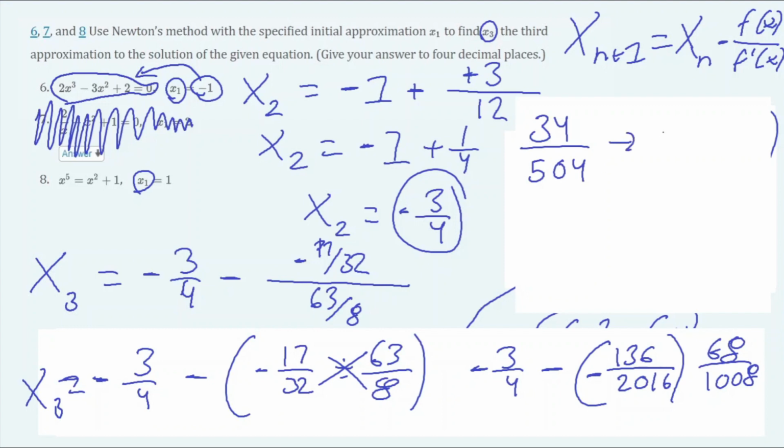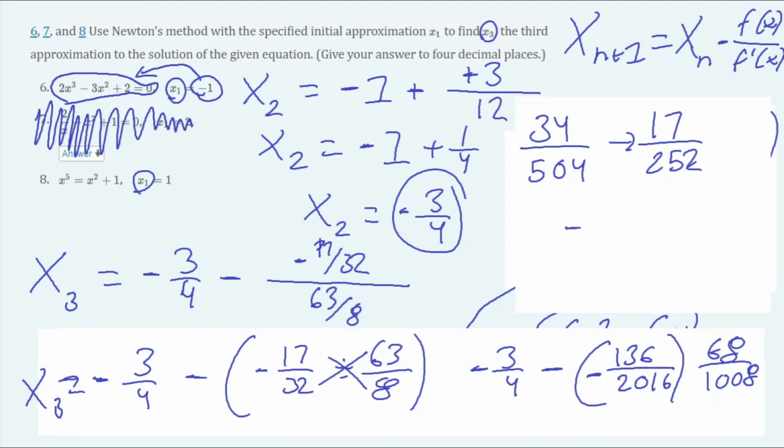And yeah, we could simplify it one more time, divide by 2. It's going to be 17 over 252. And that would be the cumulative of f of x over f prime of x.